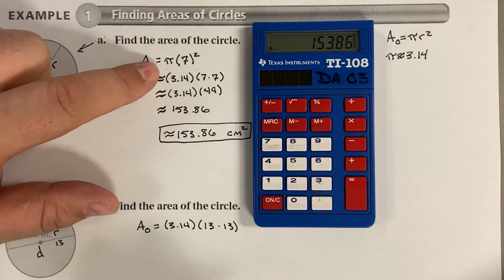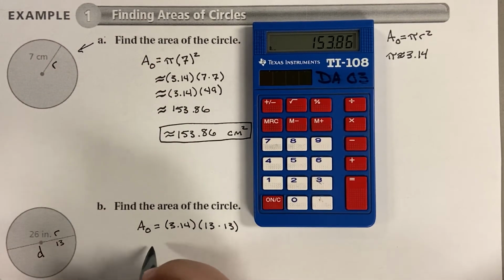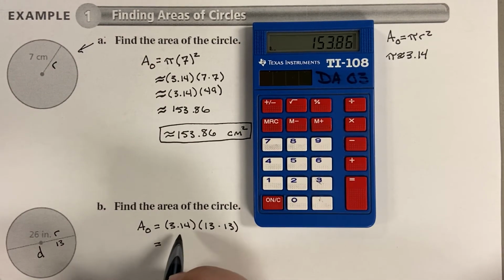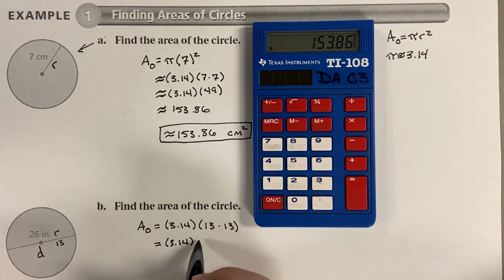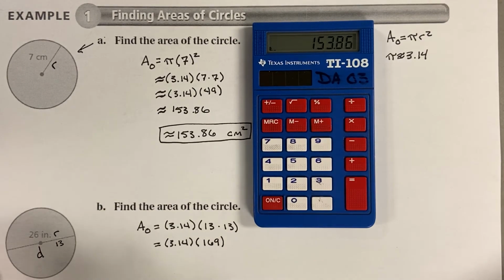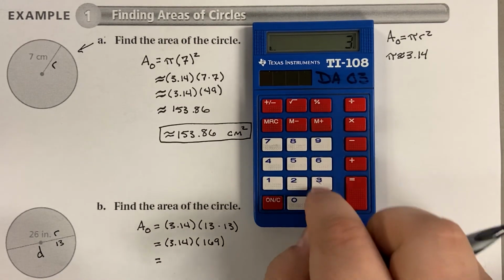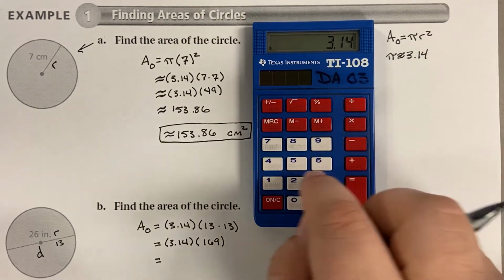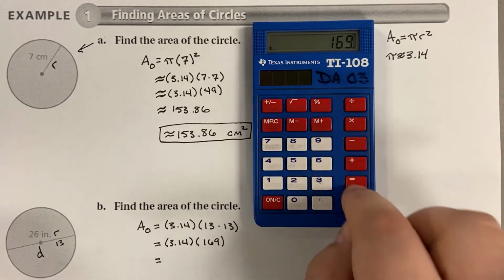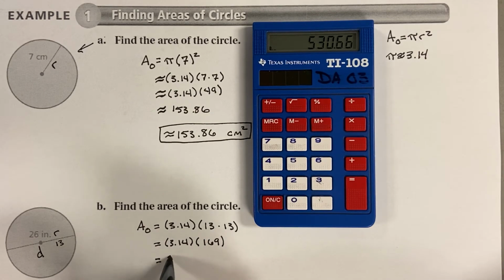So all I did was skip the first step here and went straight to this. 3.14 times 169, because 13 times 13 is 169. I haven't had to touch my calculator yet. Look at me go. Now 3.14 times 169 is going to be equal to 530.66.